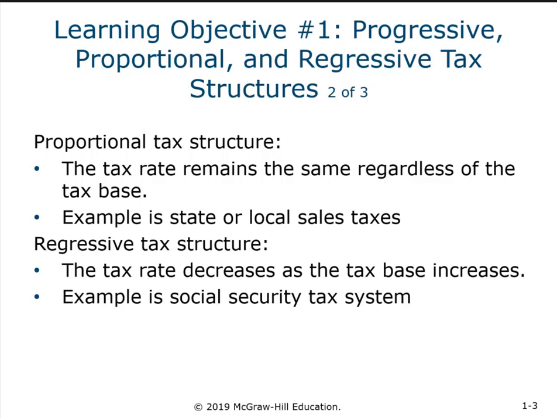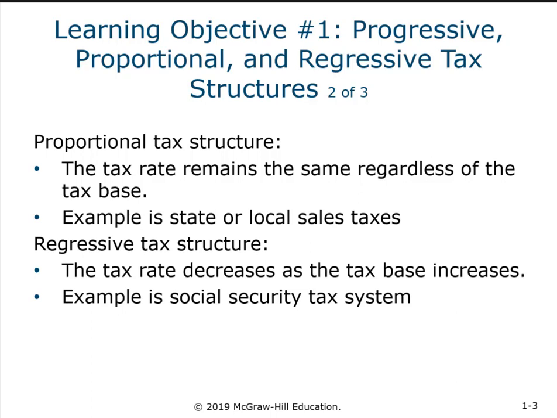It's just over 3%. Whether you make 10,000, okay, you don't have to have these different brackets because it's all the same. So if you make $4,000, your tax is 4,000 times 3%. If you make $400,000, it's 400,000 times 3%. Okay? And then a regressive tax structure is where, as the income or the tax base increases, you pay a lower amount.